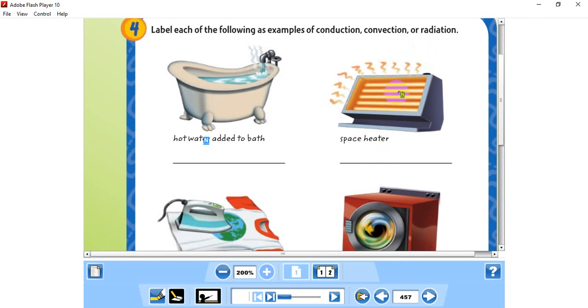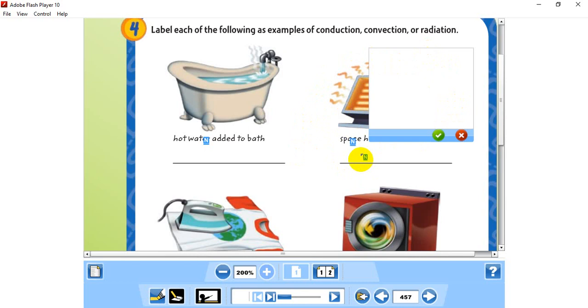So for that reason, the heater itself is radiation. But what about the particles of air that are surrounding the heater? It is an example of convection. So it's radiation and convection.